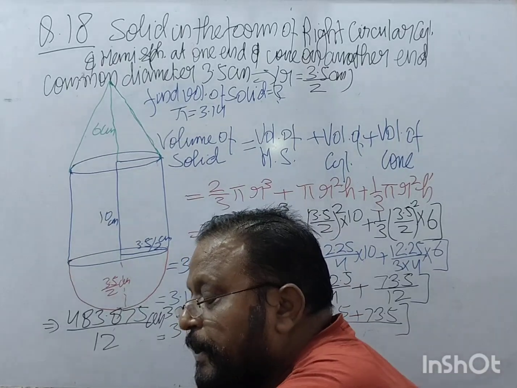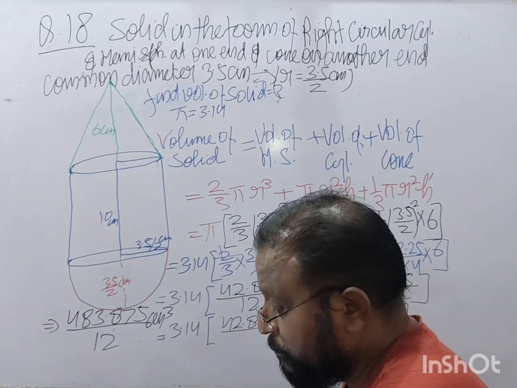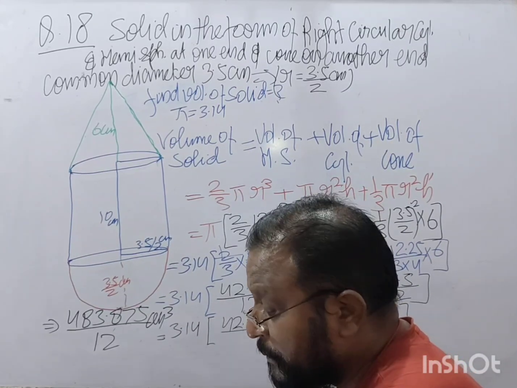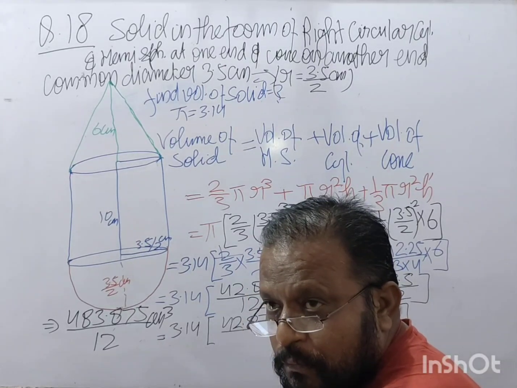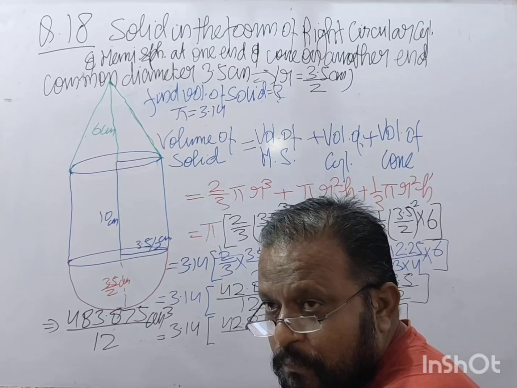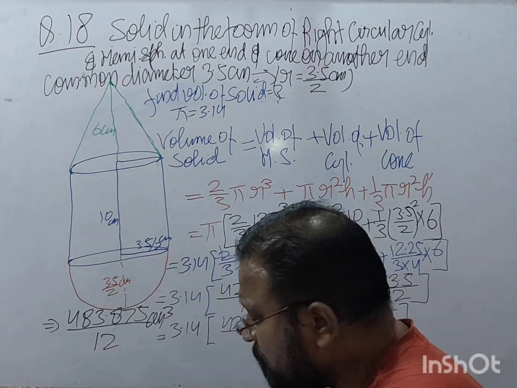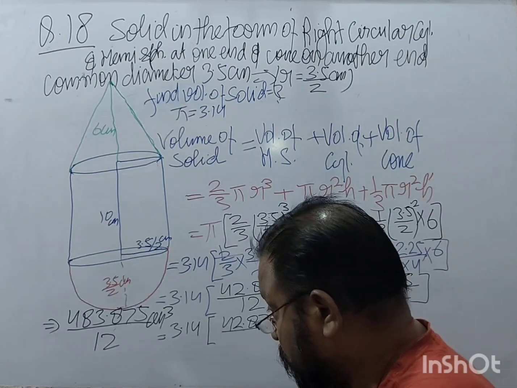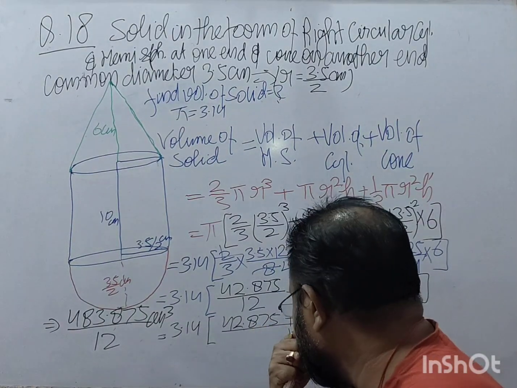And when we divide it by 12, how much you are getting? 40.32. 126.61 centimeter cube.